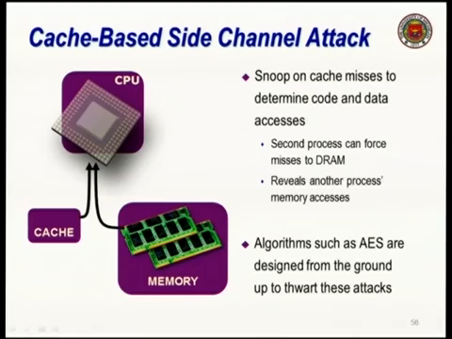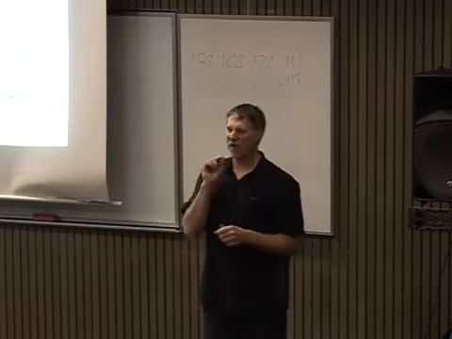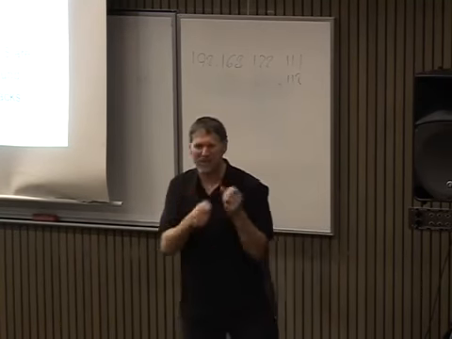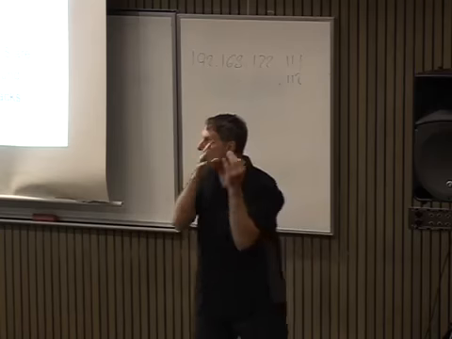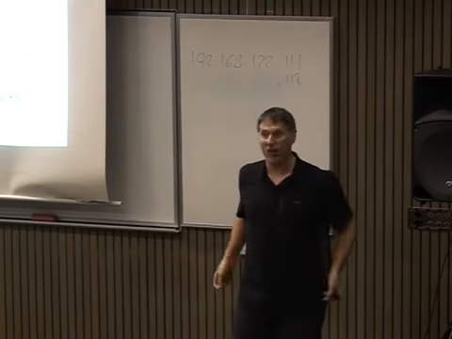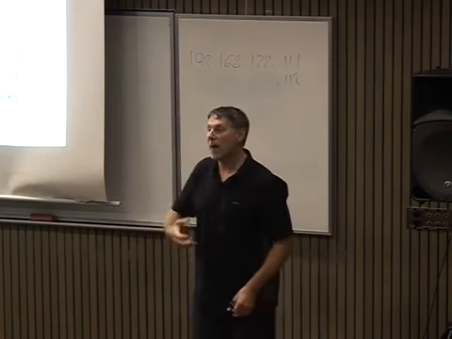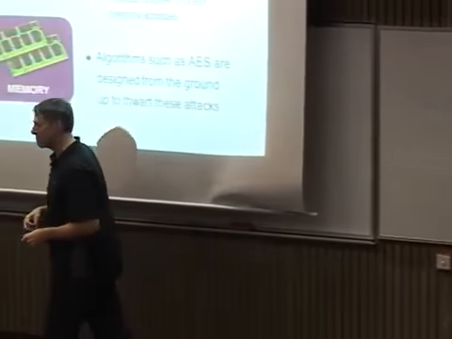So let's say your algorithm, like DES, when there's a 1 bit in the key, goes this direction, and when there's a 0 bit in the key, goes this direction. Now, as another process, you can figure out where in the cache the 0 code would be and constantly invalidate it. Put your own stuff there. So the speed of the algorithm is a function of how many zeros there are, because it's missing on that code all the time. It's running very slow. Now you reveal information about how long it takes the code to run because you're manipulating its cache and changing its timing.